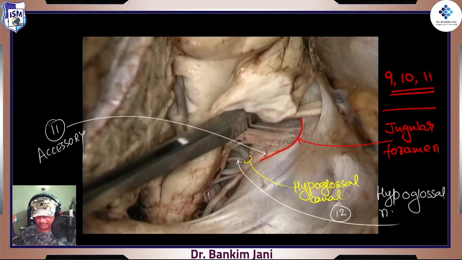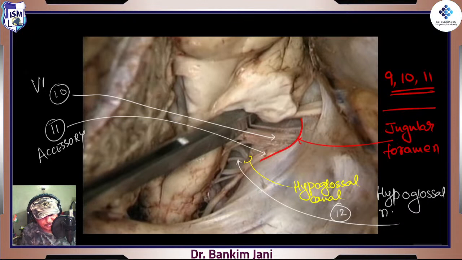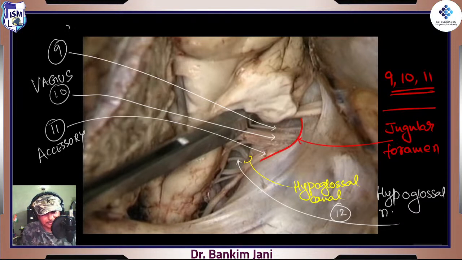Vagus has to be big, so there is no problem in identifying it because this is the thickest structure, so that is the vagus. And a very delicate one which is going over there, the only one left out is ninth, and that is glossopharyngeal.